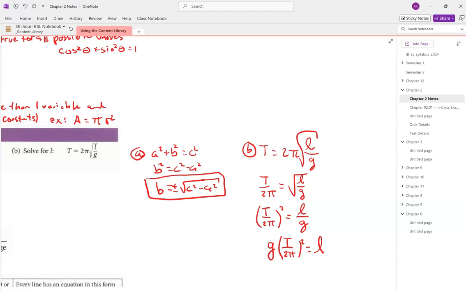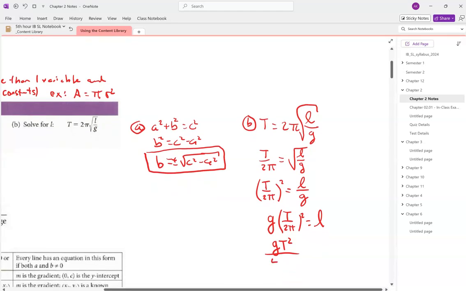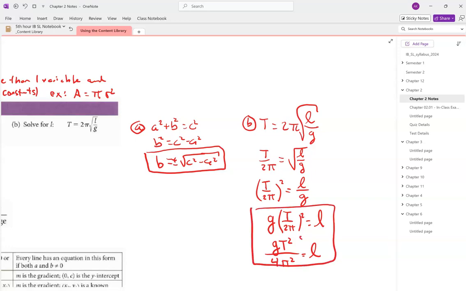You just square the numerator and square the denominator, right? So I'd have g t squared over 4 pi squared equal to L. So really either one of those would be fine, but it's okay.